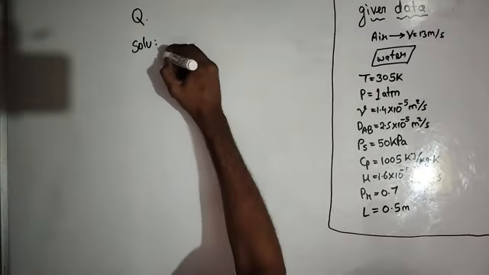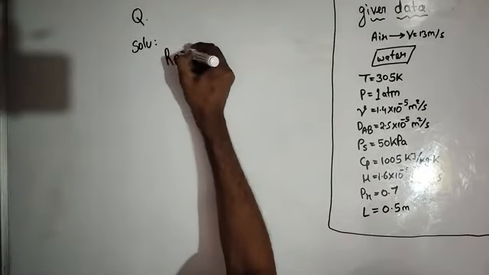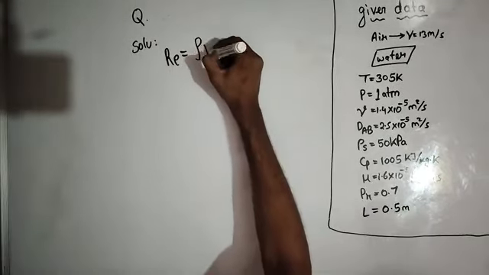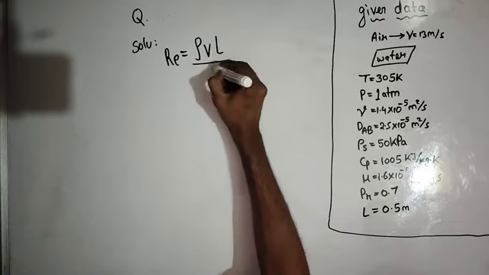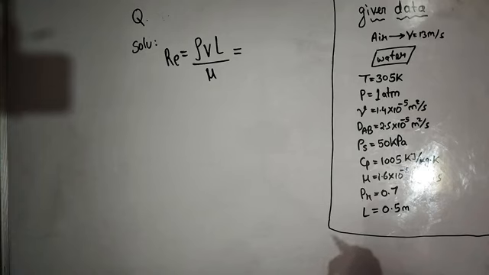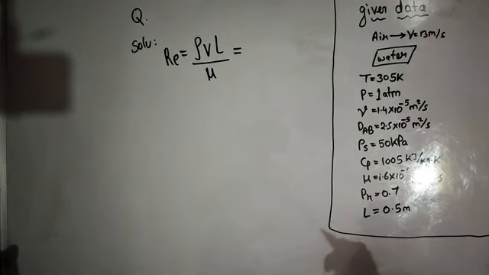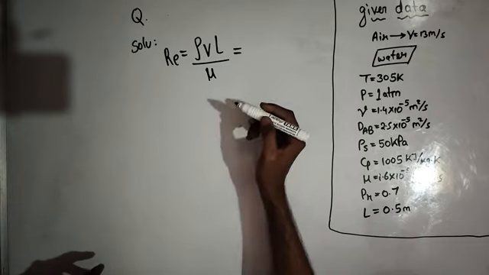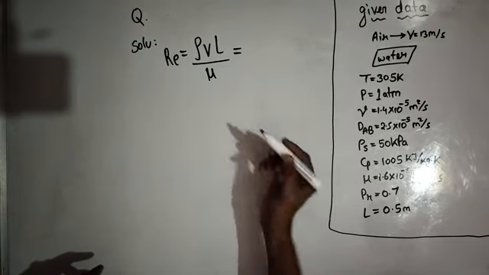We have to calculate Reynolds number. Reynolds number is given by rho v L by mu. But in the problem, we are not provided with density. We are provided with viscosity.